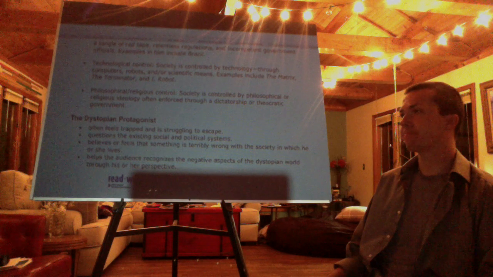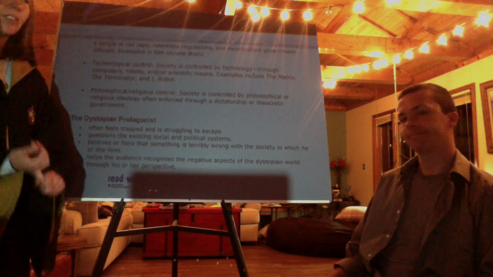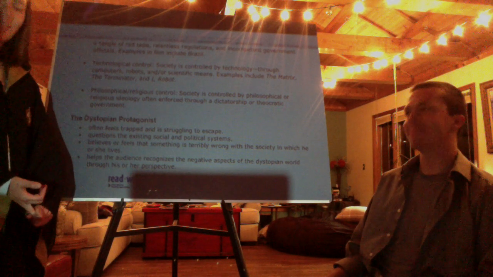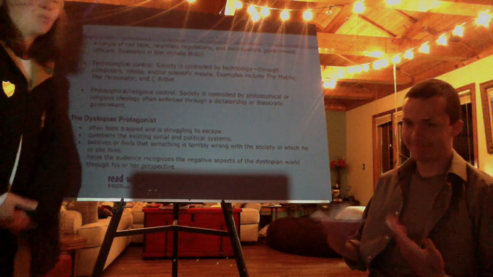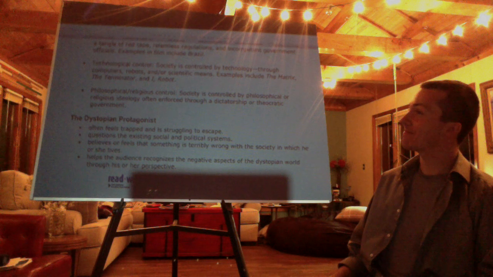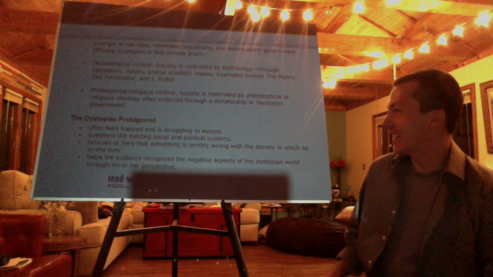So finally, our dystopian protagonist here, the hero of our story who does not want to be living where he is. Think Katniss Everdeen or Tris from Divergent. That's another example. Or Reed from this wonderful lesson. Reed, how do you feel right now? Not great. And if you had to put it in your own words?